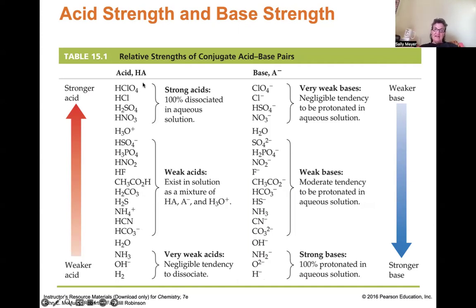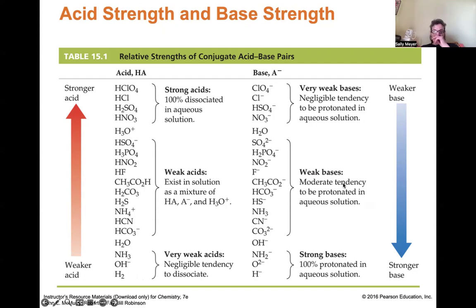So strong acid at the top, weaker acids at the bottom, and then it's going to be the inverse for their base. So the conjugate base of each of these, if it's a weak acid, will be a very strong conjugate base, and vice versa. If HClO4, which is perchloric acid, really wants to 100% give up its proton, then if you have the anion in solution, it's not going to want to pick up a proton because the conjugate acid really wanted to dissociate.